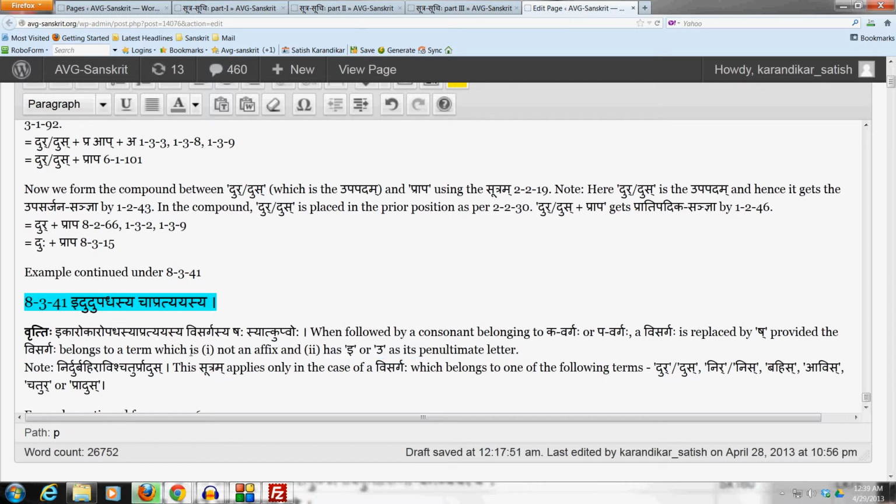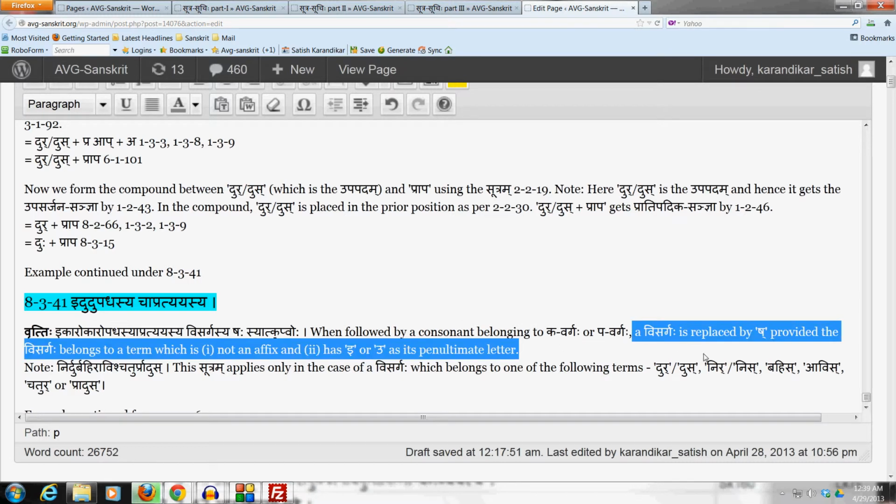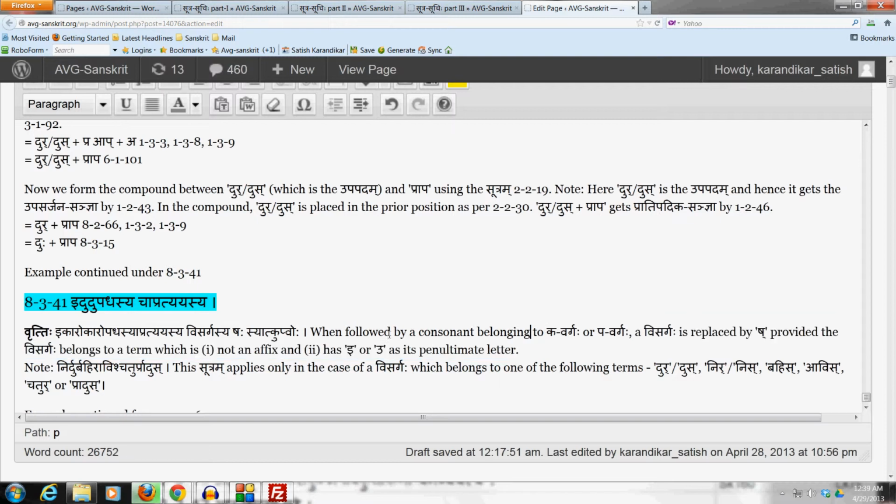If the visarga belongs to such a term, then it is replaced by a shakaraha, provided it is followed by a consonant belonging to the ka vargaha or the pa vargaha.